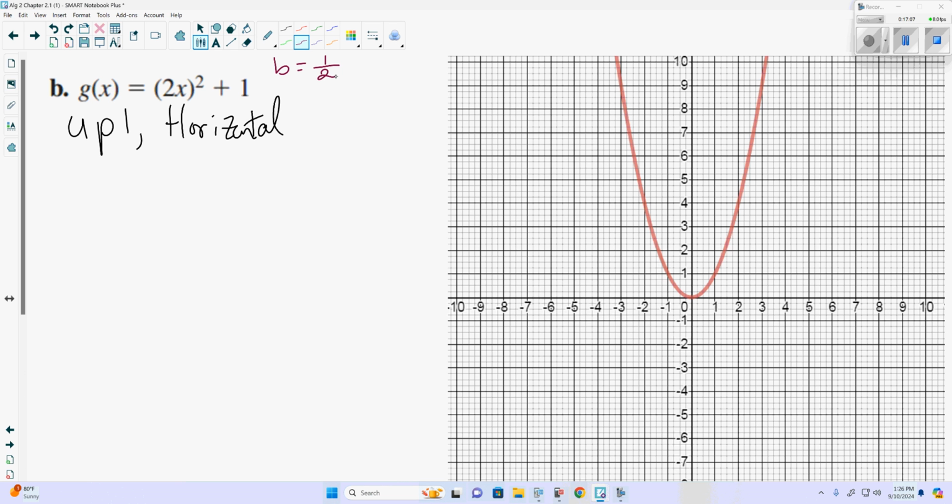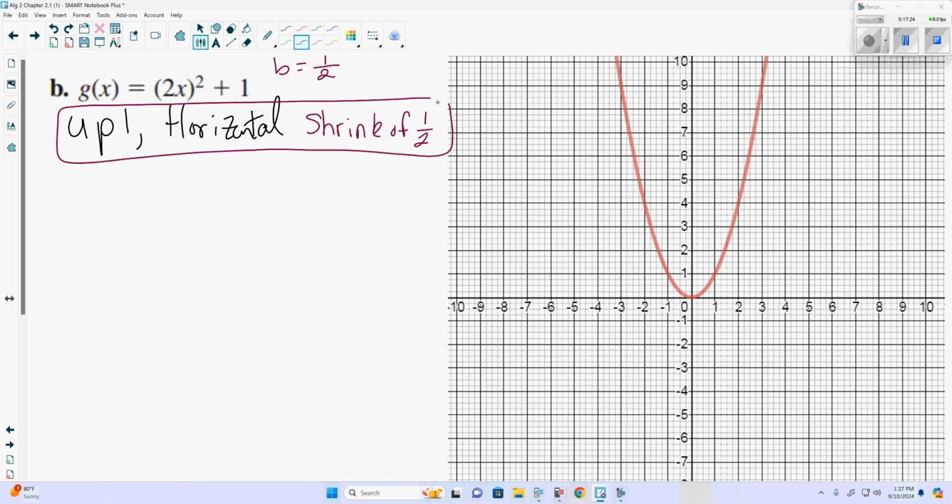Horizontal stretch if b is greater than 1. Is it greater than 1? No. It's between 0 and 1, which tells me that I actually have a horizontal shrink of 1/2.